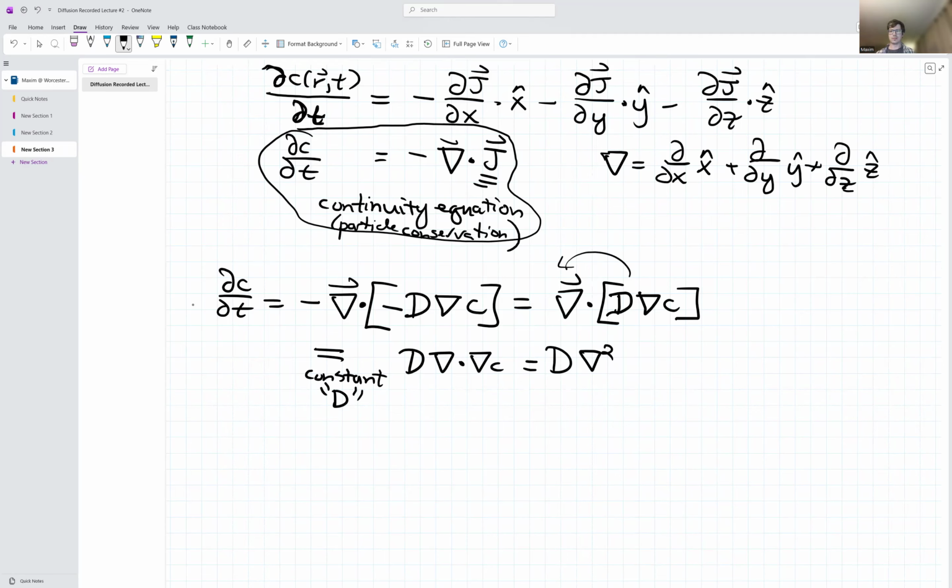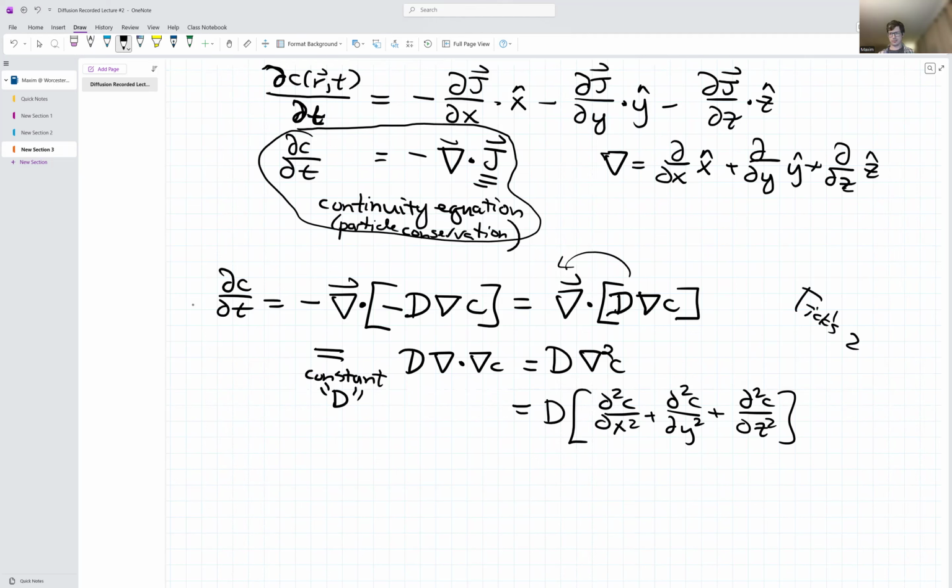If I wrote it out in terms of coordinates, it's just all of the second derivatives added together. And that's Fick's second law. Okay, so that's the 3D version.